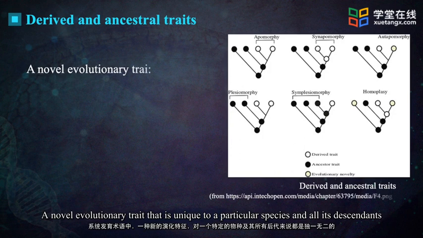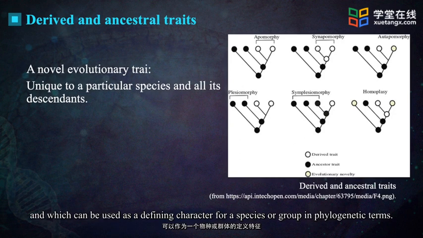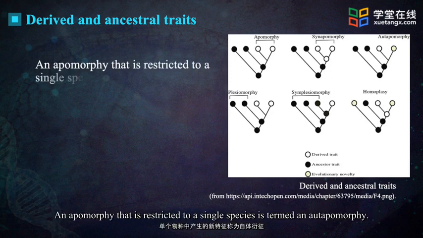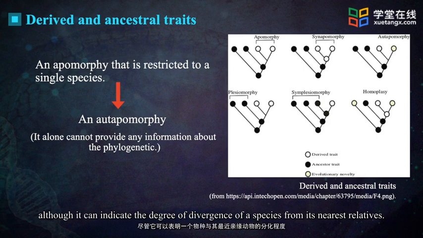A novel evolutionary trait that is unique to a particular species and all its descendants, and which can be used as a defining character for a species or group, is an apomorphy in phylogenetic terms. An apomorphy that is restricted to a single species is termed an autapomorphy. It alone cannot provide any information about the phylogenetic relationships of that species, although it can indicate the degree of divergence of a species from its nearest relatives.